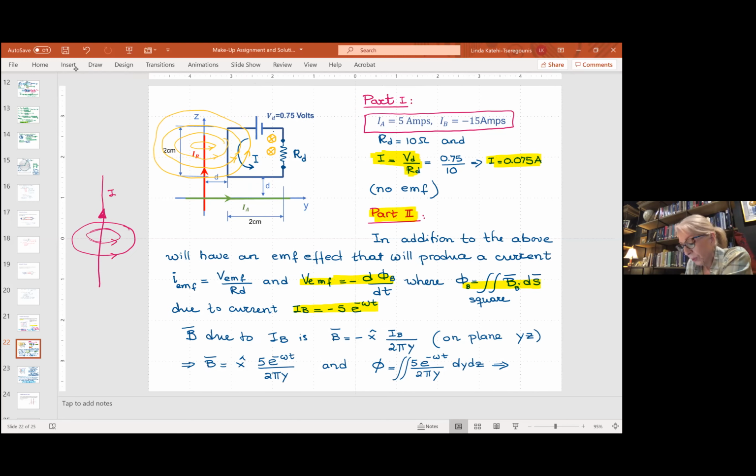So according to the right-hand rule, then the magnetic field is going to have that direction. And this magnetic field, which is going to be along the phi direction in the cylindrical coordinate system, is going to have a value that is I over 2 pi r, where r is this direction. Okay, r.